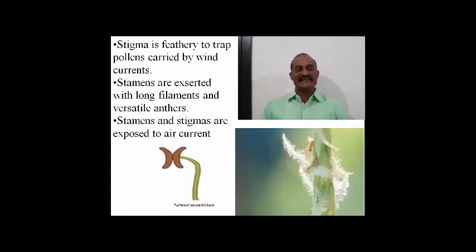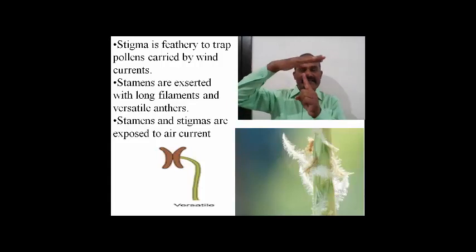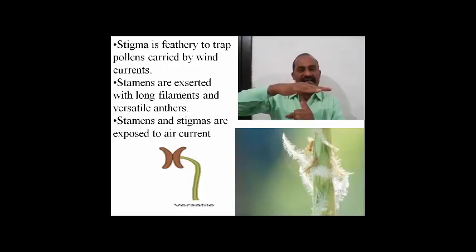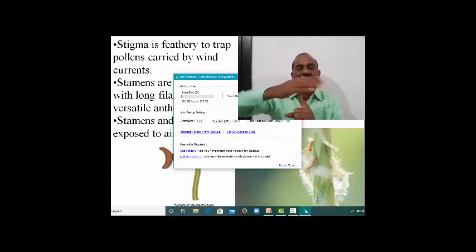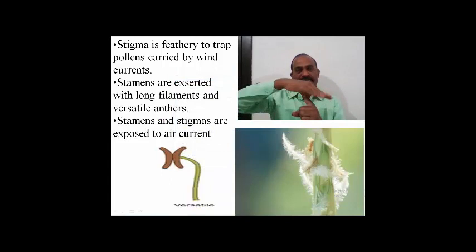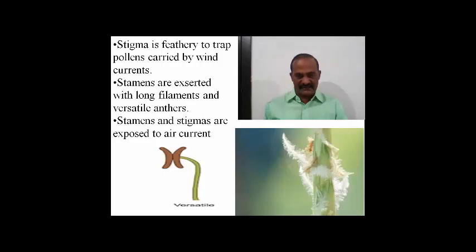It is versatile. Versatile means the attachment of anther and filament is like this, and the anther can move in this direction with the wind, or even move in the opposite direction like this. So this movement as well as that movement is possible, and that's why it is considered a versatile anther. The stigma and stamen are exposed to air currents, and definitely that will help to transfer the pollen grains.